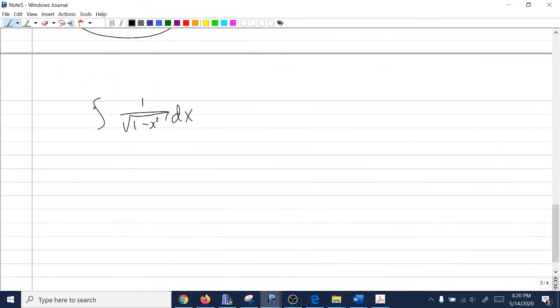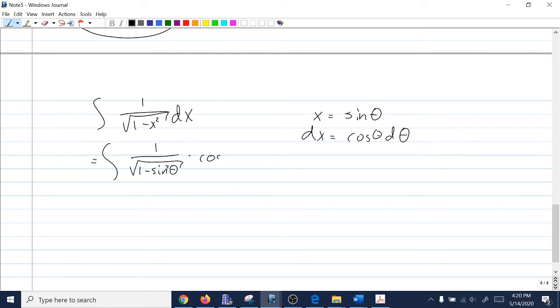So I should try x equals 1 sine theta. This will become the integral of 1 over square root 1 minus sine squared theta. Dx, I still need to convert that, is going to be cosine theta d theta.